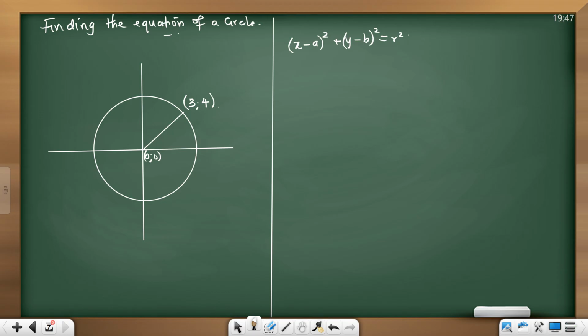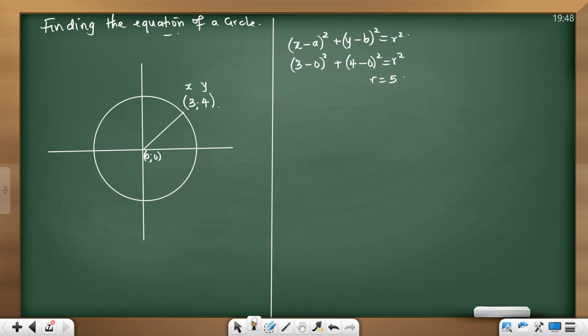Center of the circle. Do I know x? A point on the circle. Do I know y? So I can get my r quickly. What is my x? 3 minus 0. Don't forget, this is x and y squared. What is this? 4 minus 0 squared. This is actually Pythagoras. 3 squared plus 4 squared is 25. What is r? r is 5. 3, 4, 5.